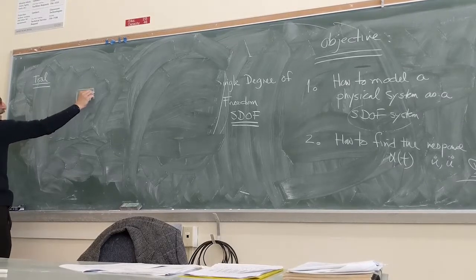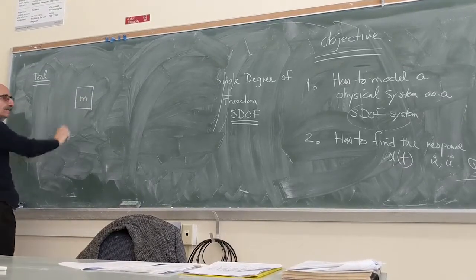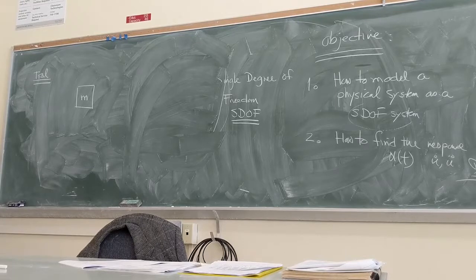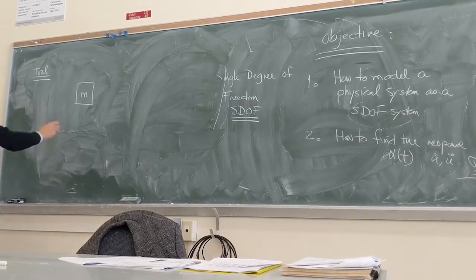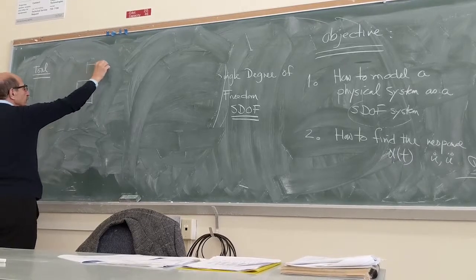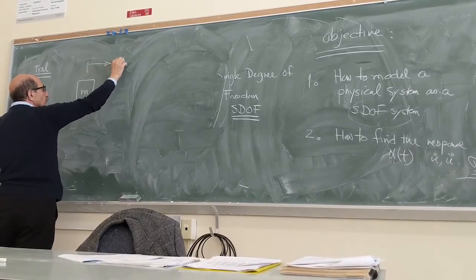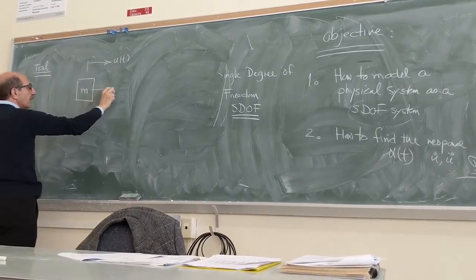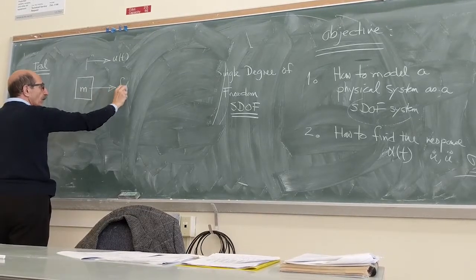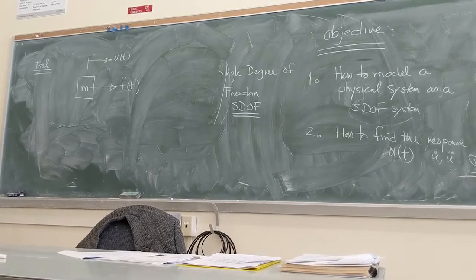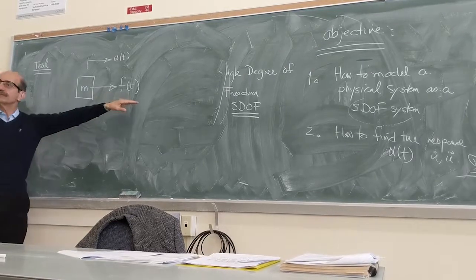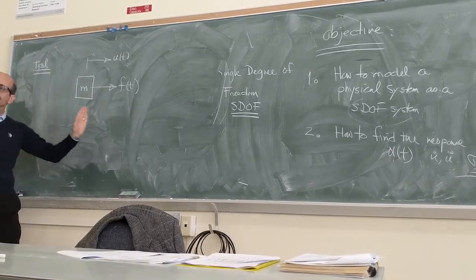You have a mass, right, which is moving, and that is your structure. That is all you have, right? So this mass is moving, going through some displacement as a result of a force acting on it, okay? So you have an external force, right, and it is moving in this direction.